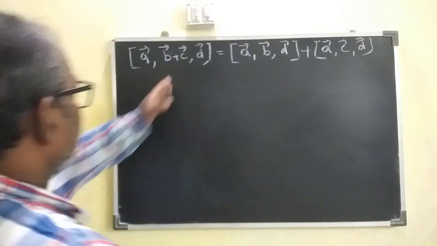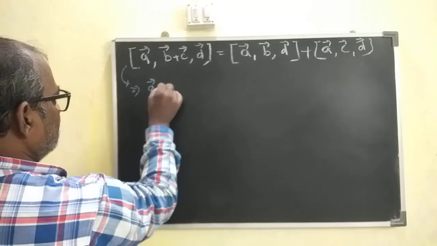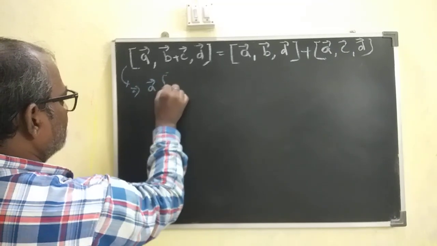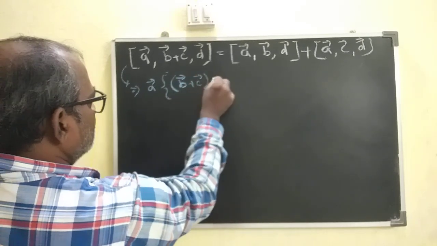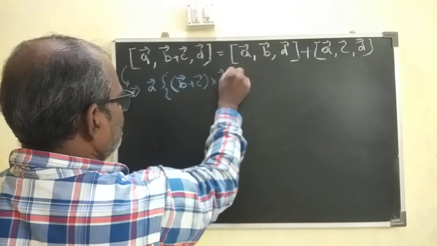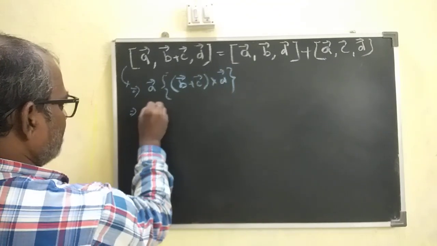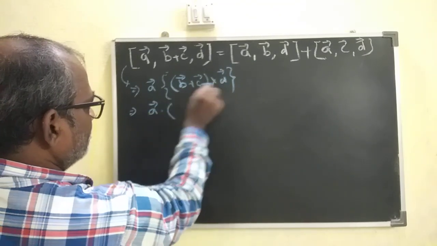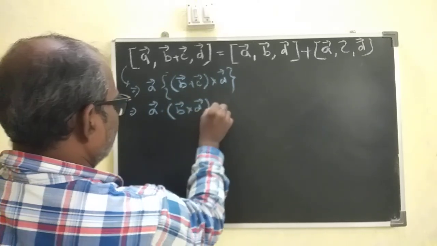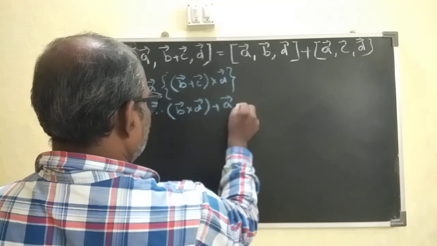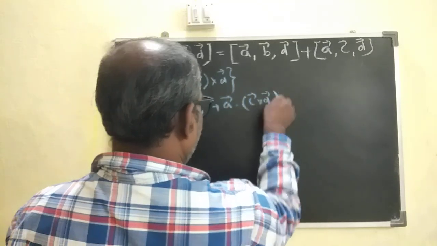Let us take the left hand side of this question. This implies that A vector dot B vector plus C vector cross D vector. This can be written as A dot B cross D vector plus A dot C cross D vector.